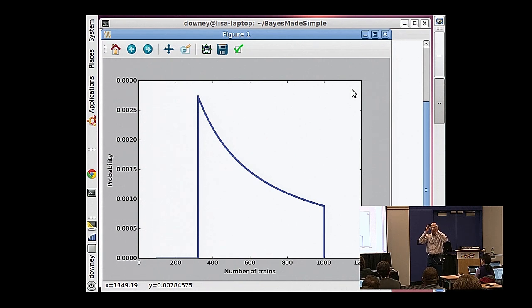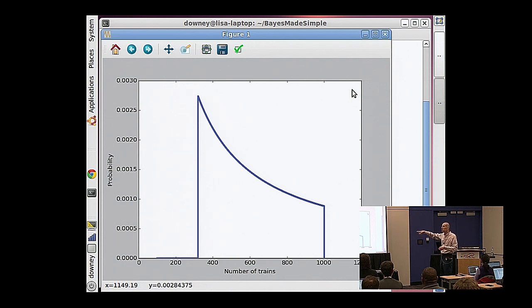But again, put on your Bayesian blinders. Forget about the problem. When you compute the likelihood function, all you know is the hypothesis and the data. In this case, if they have 500 trains and you saw 321, then the answer is 1 over 500. And the 100 doesn't come into it, which is a little bit maybe counterintuitive.